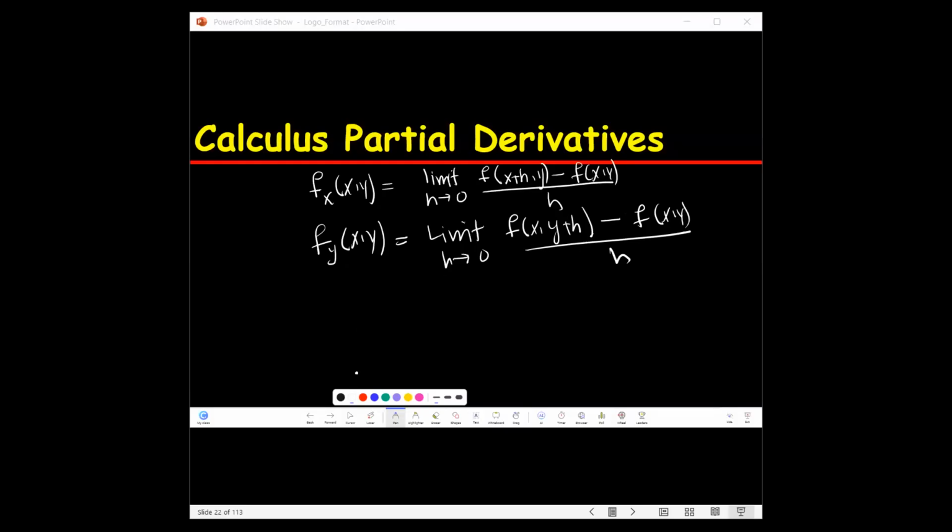Now if I want to write those things in an example, I'm going to write a function f(x,y) equal to 3x minus x squared y squared plus 2x cubed y.